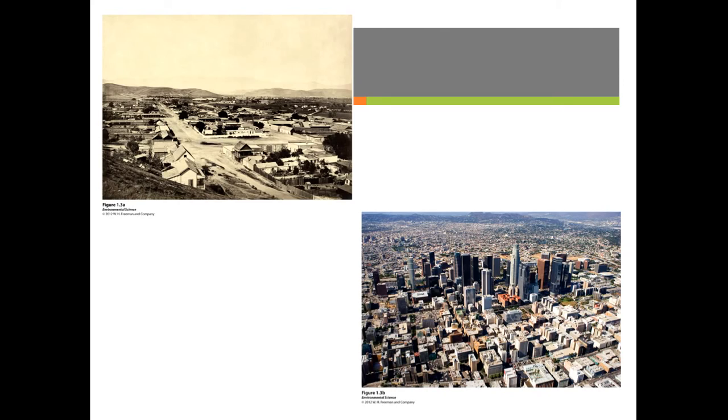But when roughly 4 million people live in a modern city like Los Angeles, which you're looking at here, I think the top picture is from the 1880s, and the bottom picture is from 2013, their combined activity is going to cause environmental damage that would inevitably pollute the water, pollute the air, pollute the soil, and it's also going to have a lot of other adverse consequences.